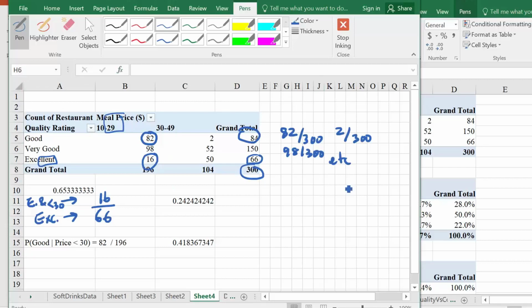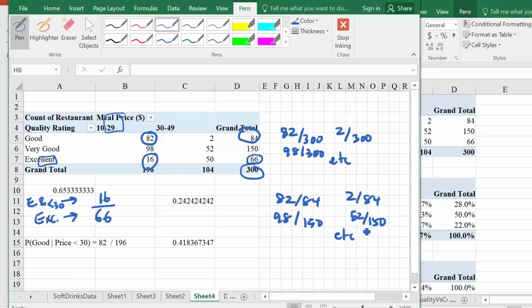Now, if I divide by the row count, so 82 divided by 84, then 2 divided by 84, and 98 divided by 150, and 52 divided by 150, and so forth, that gives different probabilities, and these will be conditional probabilities.